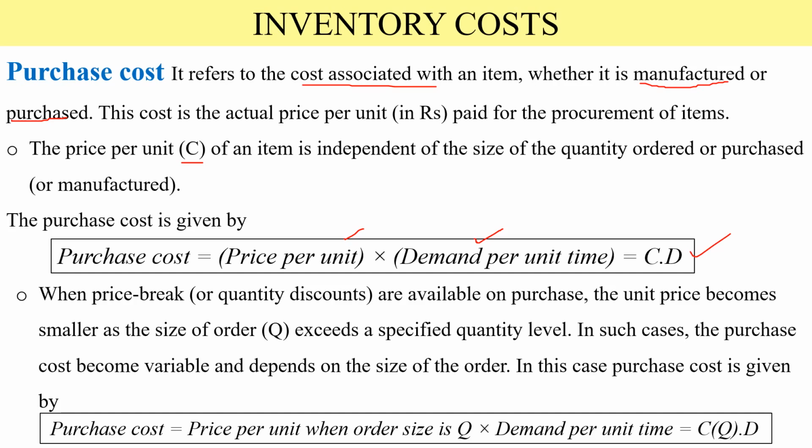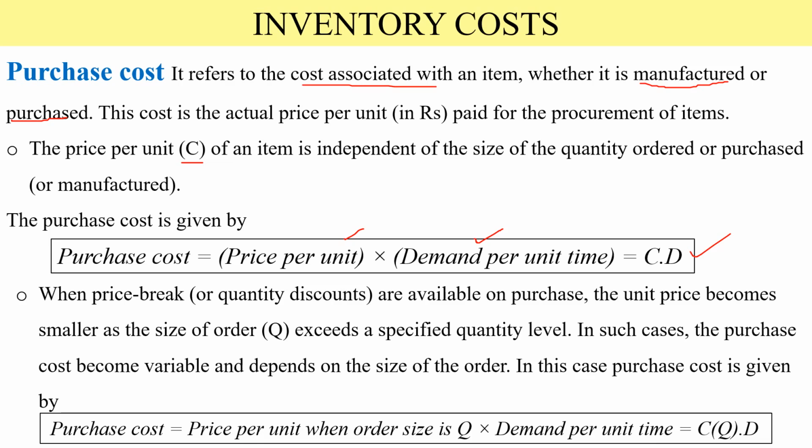Let's see the purchase cost when quantity discounts are available. For example, if we purchase any item less than 100 kgs, cost is 10 rupees, and if we purchase the item 100 to 200 kgs, cost is 9.8. So if we increase the order quantity, it reduces the price of the cost.